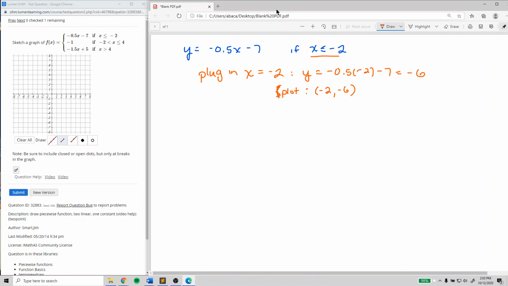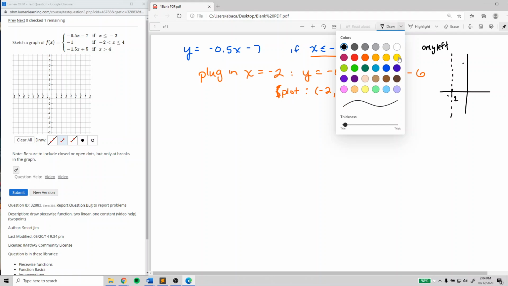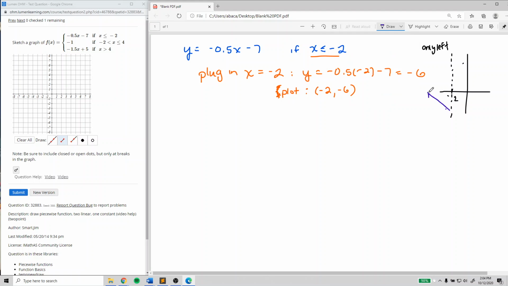One thing I want to mention: I'm not going to plot the graph on my paper on the right side, but if I was to, x less than or equal to negative 2 means that at x equals negative 2, the line is only on the left. It's going to look something like this. It can go all the way to the left, but it's going to stop at negative 2.